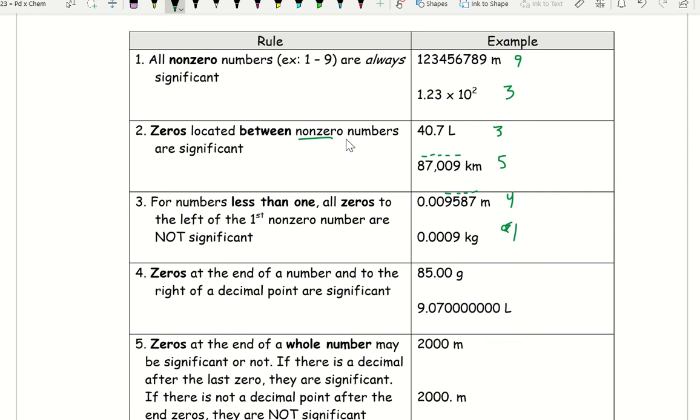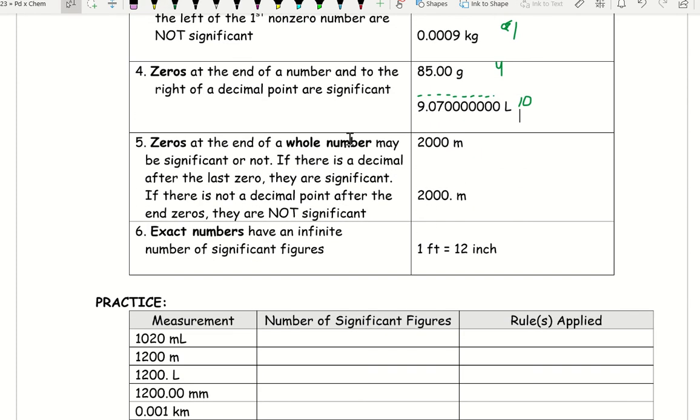All right. Zeros at the end of a number. If you put them after, it means you've done a measurement that says it's 85.00, not 85.01. It means there are 4 significant digits. If you put it after a decimal, each and every one of those count. That's 3, 4, 5, 6, 7, 8, 9, 10. 10 significant digits.